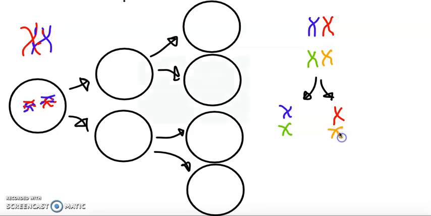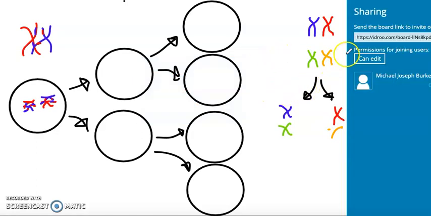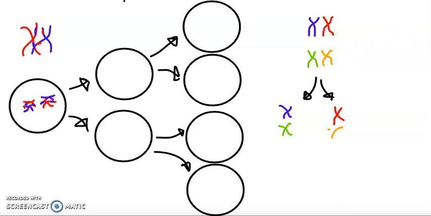The reason why this random orientation thing is so important is that, let's say that the homologous chromosomes randomly oriented in a different way. So how could we show them orienting in a different way? Well, let's say that the orange and the green switched places. So they lined up like this rather than like the original.